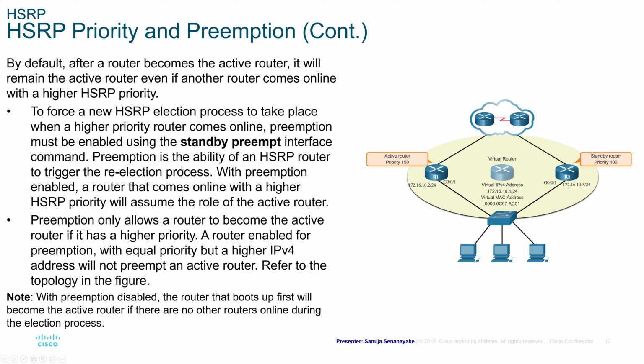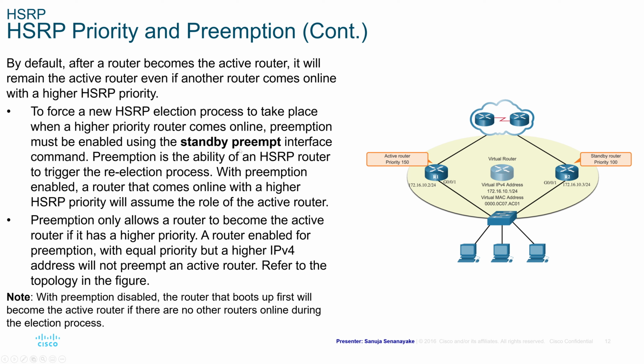Preemption is the ability of an HSRP router to trigger the election process. With preemption enabled, a router that comes online with a higher HSRP priority will assume the role of the active router.